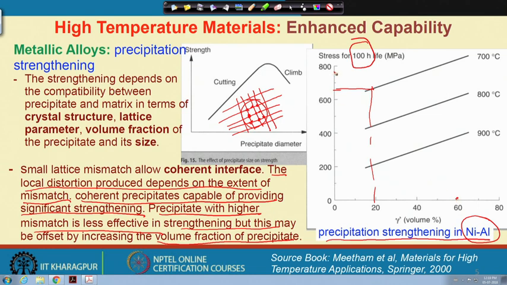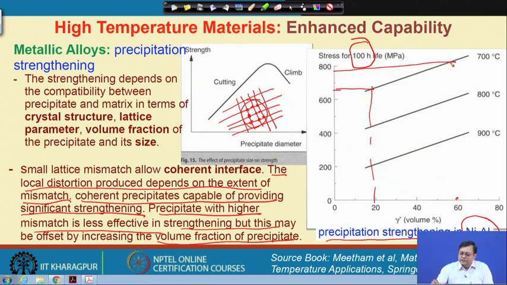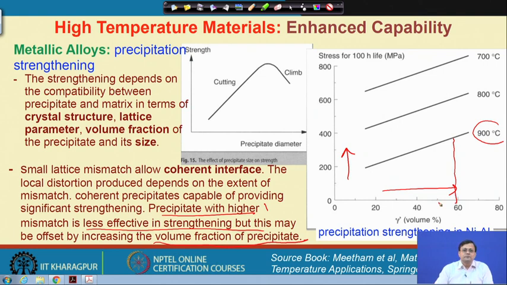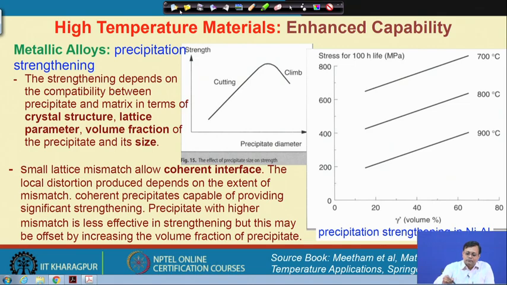However, if we need to use it at a higher temperature, then we have to go for a higher precipitate volume fraction. So, here is the situation where a precipitate with higher mismatch will be less effective, and we can control that using the volume fraction of the precipitate. Now, if we have to go for a higher temperature, then again for higher stress application we have to go for a higher fraction of the precipitate. Okay. So, this is the control that one should look for.